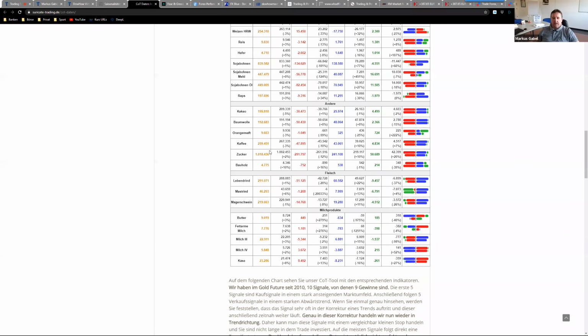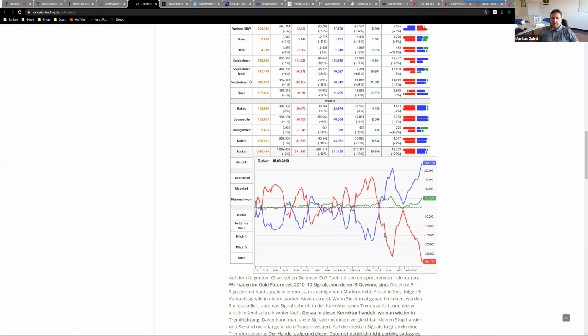You can see the red line is the producers, the commercials, and the blue line is the large traders. So how do we interpret it? The large traders are always working with the trend. If the blue line is facing upwards, then the trade is going to rise.